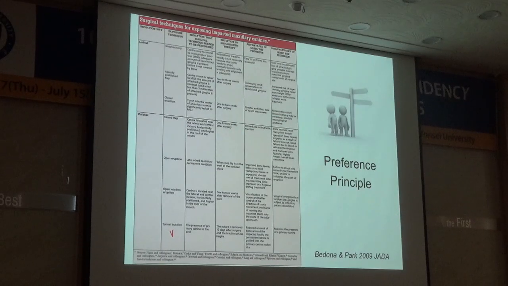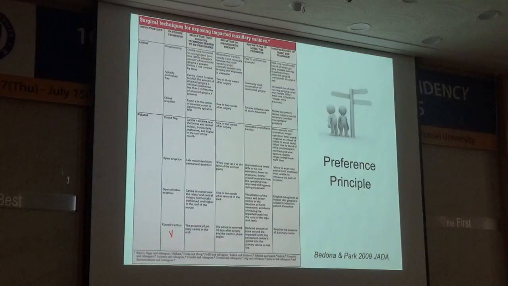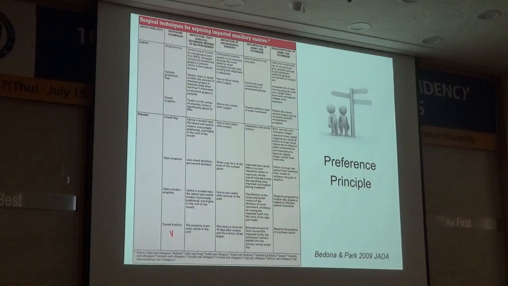You may see the technical differences in such procedures, labial or palatal, and gingivectomy, apically positioned flap, or closed flap or something. Bedoya and Park published in JADA in 2009, and it's a very good article. So you may find that literature.